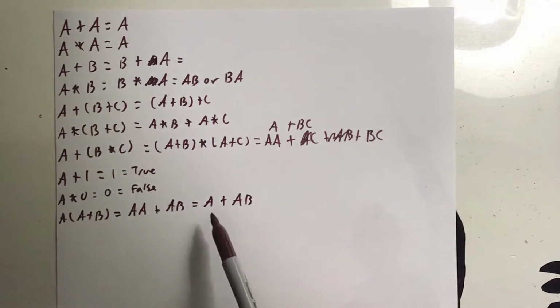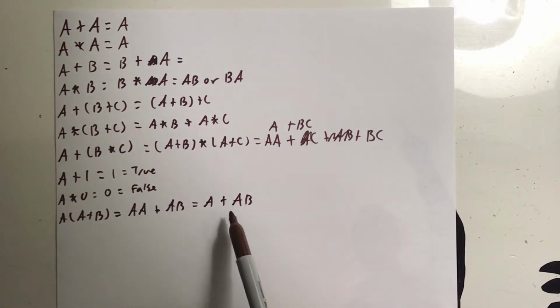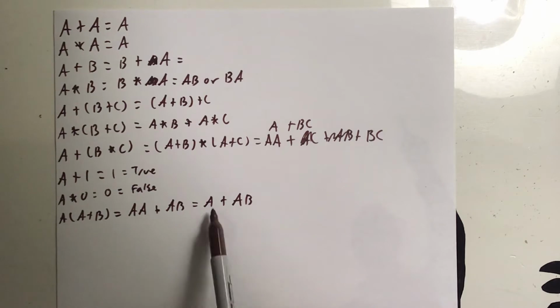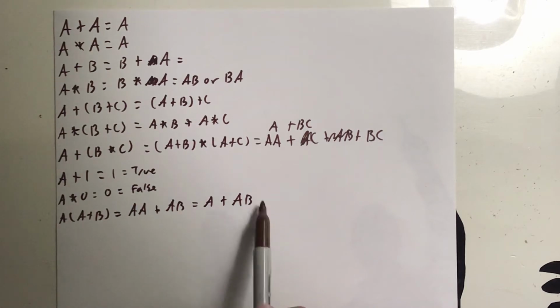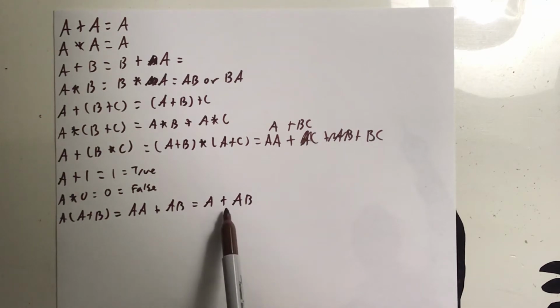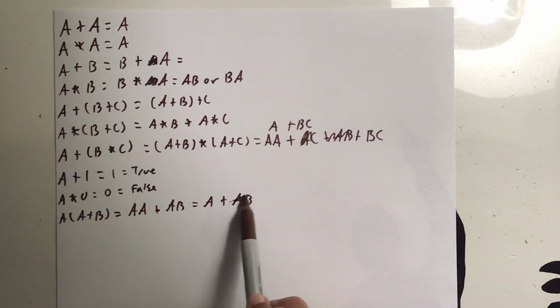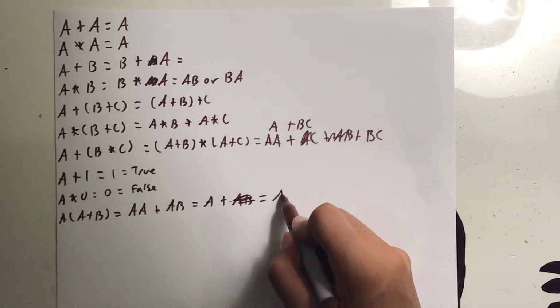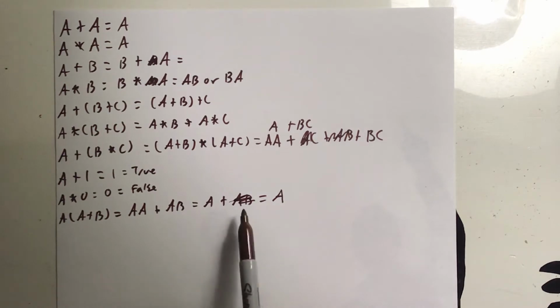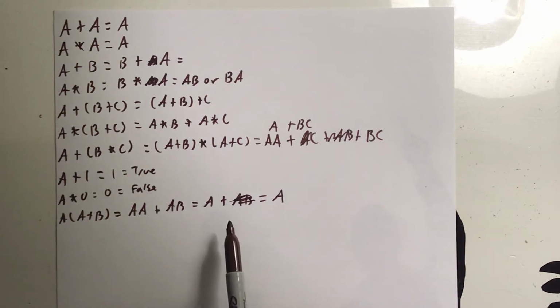Now, if you have a single variable that you're ORing with the same variable along with another variable, like the A here and the AB, we can just eliminate them, and we get A. If you have a lone variable and you have that same variable with another variable, and you're adding them, you can absorb that. I'll get into more detail here too.